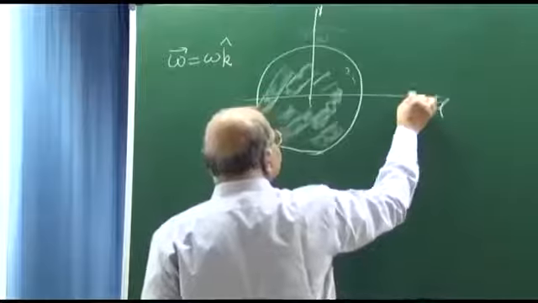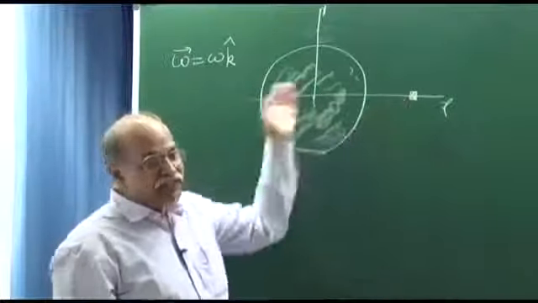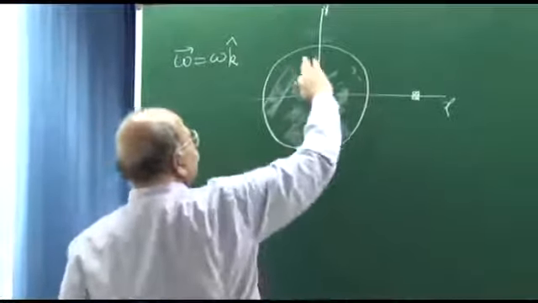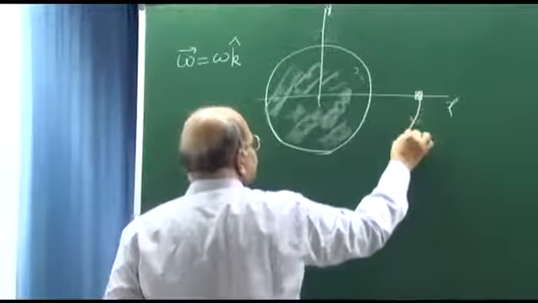At certain instant this object is here, it is at rest in the lab. So, in this frame it is going in a circle, and in the lab this was going anti-clockwise. So, as seen from here, this will go in this direction, in this circle.